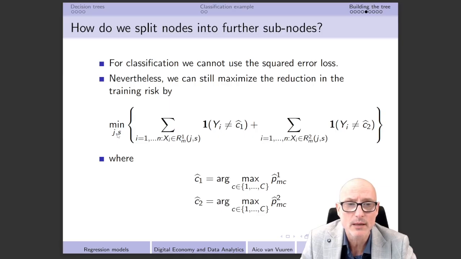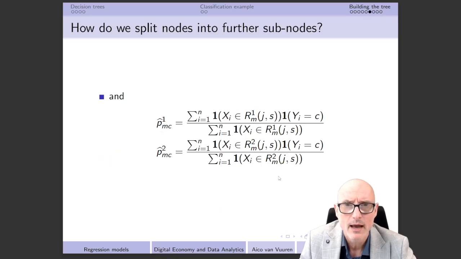So in that sense there is not that much of a difference, but take into account that C1 hat and C2 hat are going to be defined a little bit differently. C1 hat is now going to be the argument that maximizes the frequencies, the p1 hat(m,c) that I define over here, and p1 hat(m,c) is actually nothing else than the number of times that we have a y_i equal to c in this original R1(m,j,s) that we have over here.